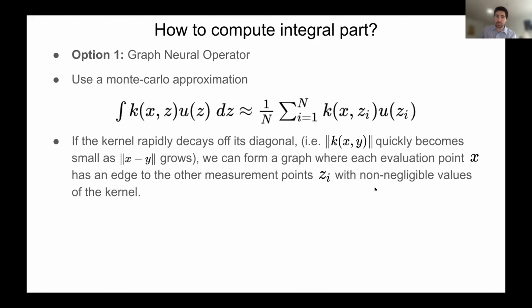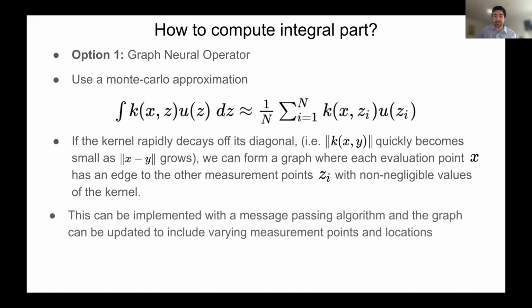And so how you end up at the graph neural operator is, let's say this kernel only has support, for fixed x, in a ball of some small radius around x. I can look at all of the measurement points that I have, and I can form an edge to those other measurement points that are close enough. Then you can implement this procedure for approximating the integral with a message passing algorithm on this graph that I formed based on the kernel.